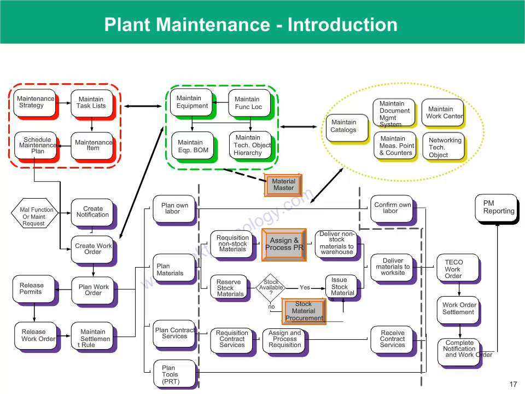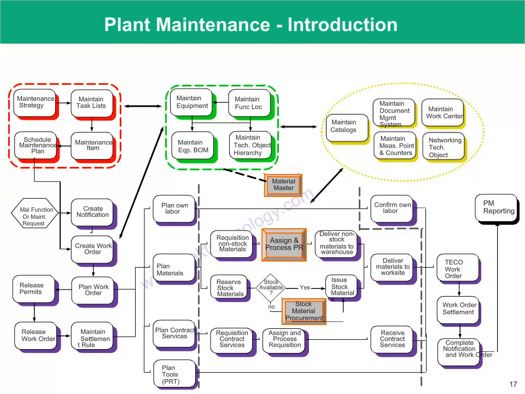SAP Plant Maintenance comprises the following activities: inspection, to measure and establish the actual condition of a technical system; preventive maintenance, to measure and maintain the ideal condition of a technical system; repair, to measure and restore the ideal condition of a technical system, and other measures that need to be taken using the maintenance organization.